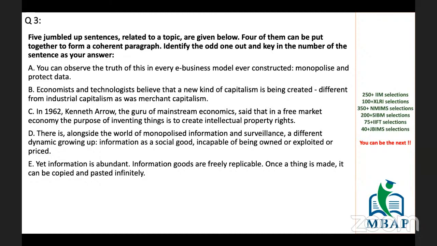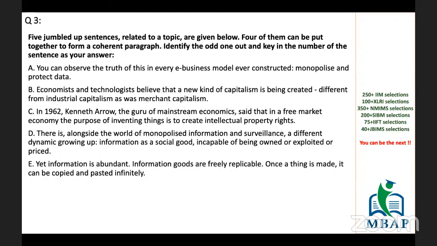So now let's see this one. Basically, this is talking about economics. Let's see. So you can observe the truth of this in every e-business model ever constructed, monopolies and protect data.